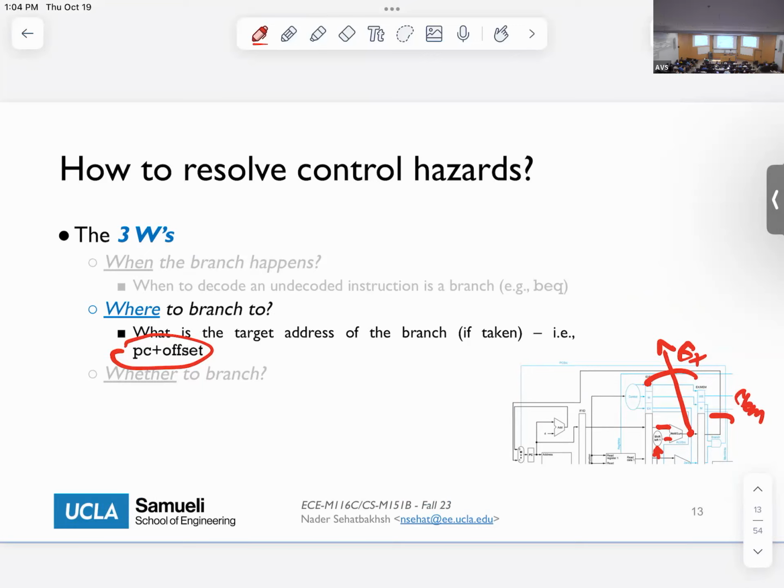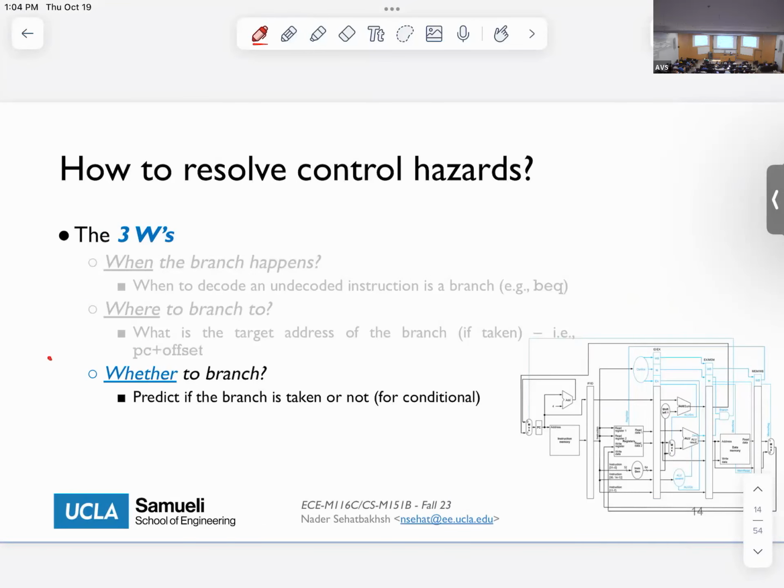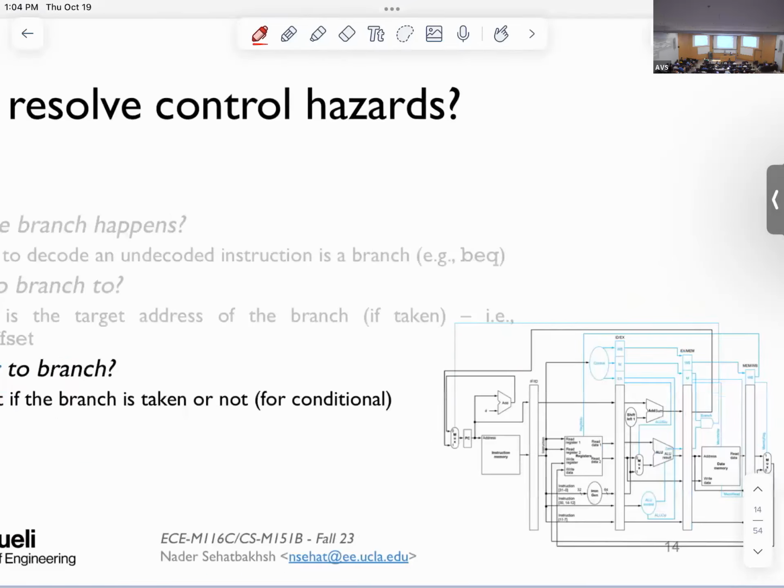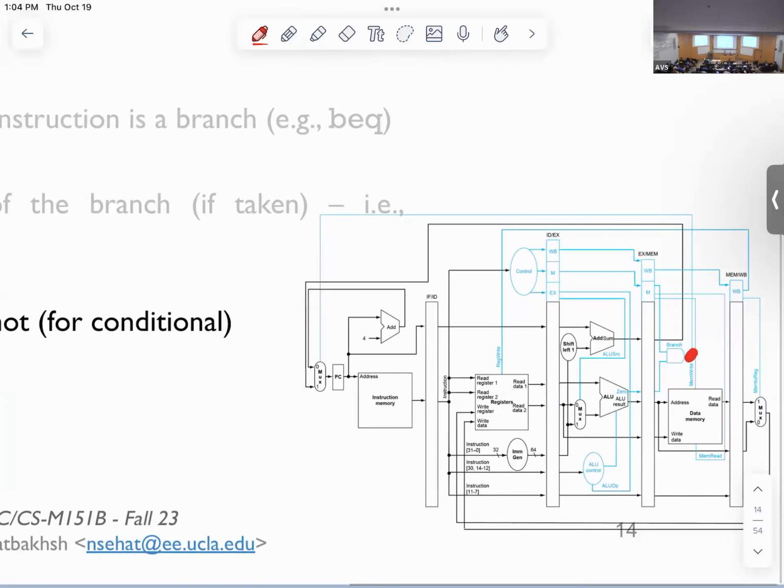After the execution stage. So in deciding whether to branch or not, this is when we're going to know it, at this point here. Remember, we had a branch signal that was ANDed with the outcome of the zero flag.